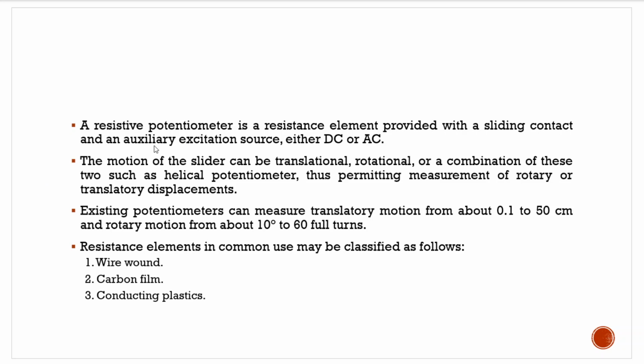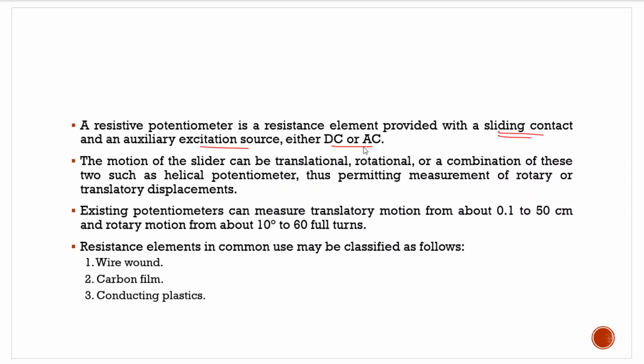So a potentiometer is simply a resistance element provided with a sliding contact, and the change at this contact can be determined by the excitation source available to us, which can be either an AC or a DC voltage source.